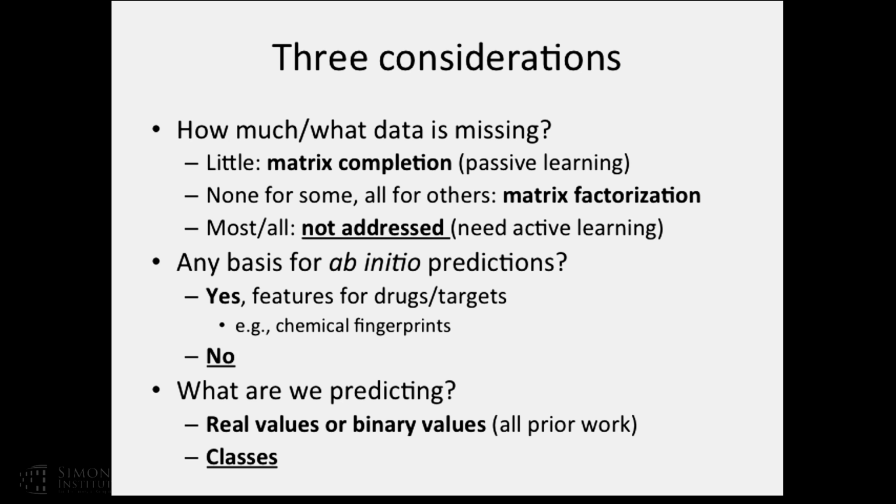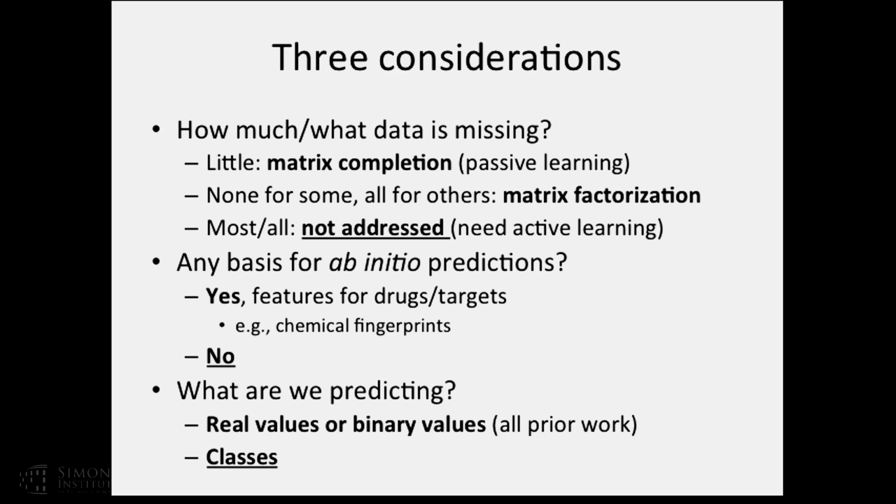There's nothing, right? All we have is the variables, all the different drugs I could have and all the different targets I could have. I know what they are, but I don't have anything at all other than the response that I measure of one of those targets to one of those drugs. But I have to do an experiment to get that response. So it's not like the case of unlabeled documents or something, okay?